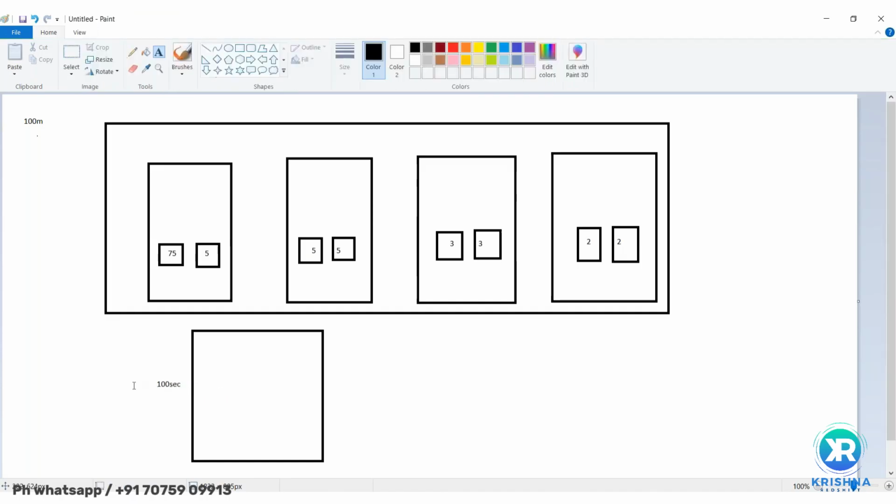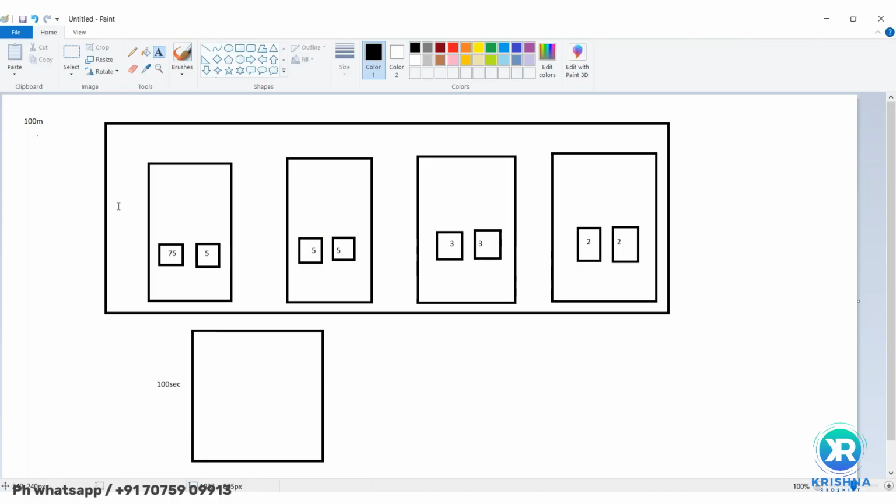We know that distributed systems are so powerful and give a lot of performance. We have a 4-node system and 8 slices, and our data got distributed like this. Each node has 2 slices: slice 1 through slice 8, holding 75, 5, 5, 5, 3, 3, 2, 2.